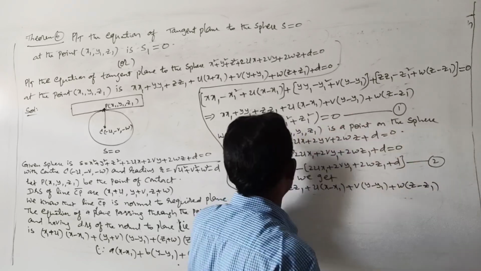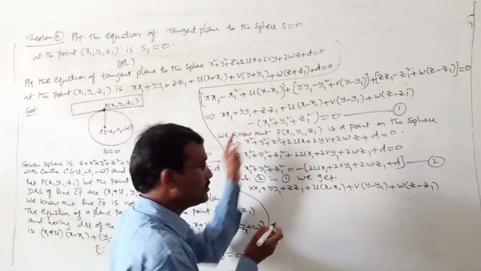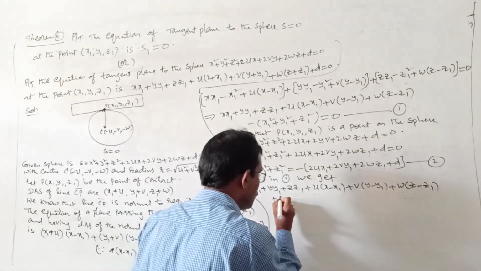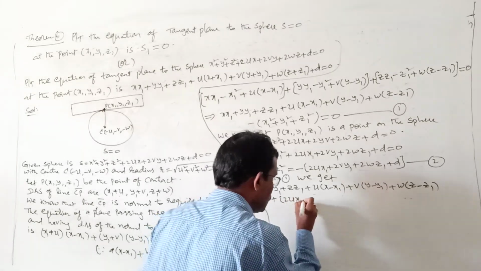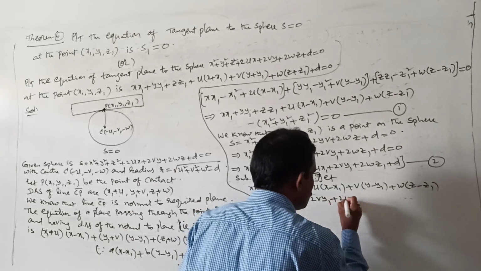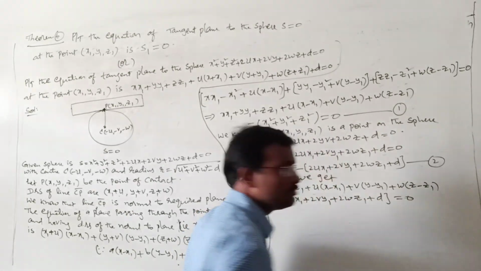This part up to here is over. Now we are substituting this, minus into minus becomes plus, now plus this total result 2ux1 plus 2vy1 plus 2wz1 plus d is equal to 0.